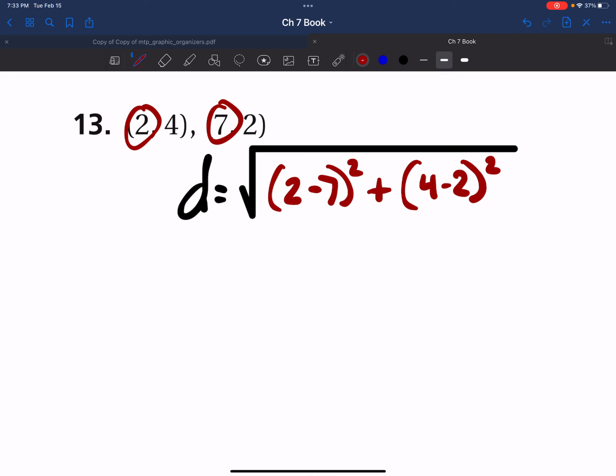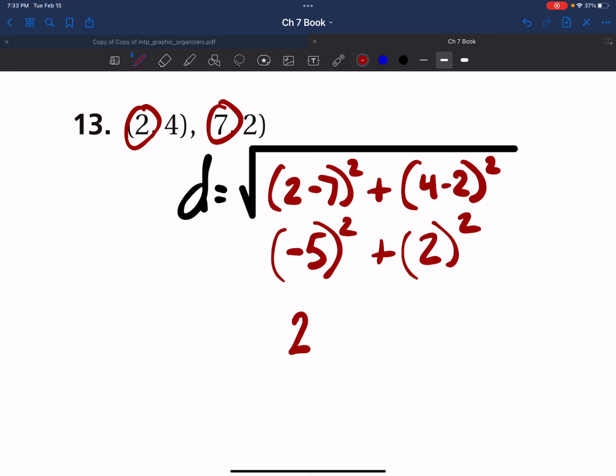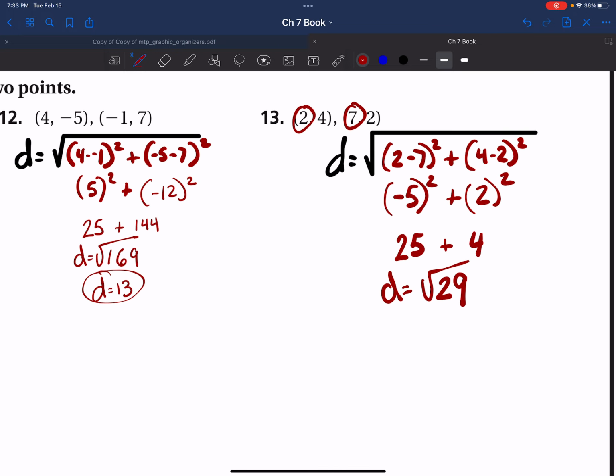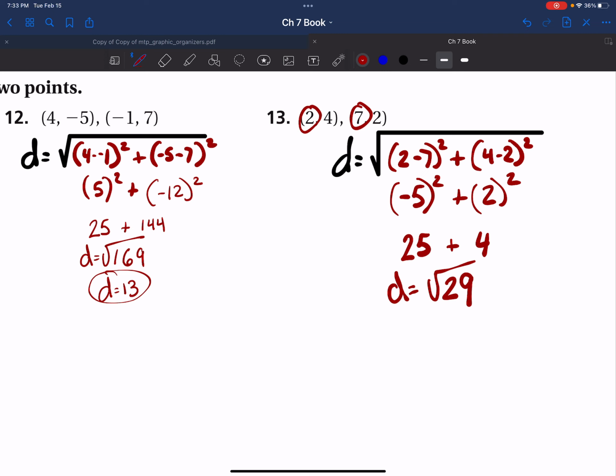Okay, 7 minus 2, that would be negative 5 squared. 4 minus 2 is 2 squared. 5 times 5 is 25. 2 times 2 is 4. That equals 29, the square root of 29. And I can't think of a single number that multiplied by itself is 29, so I'm guessing we're just going to leave it as it is. The square root of 29 is 5.385164. Yeah, ugly, so we can leave it just like that.